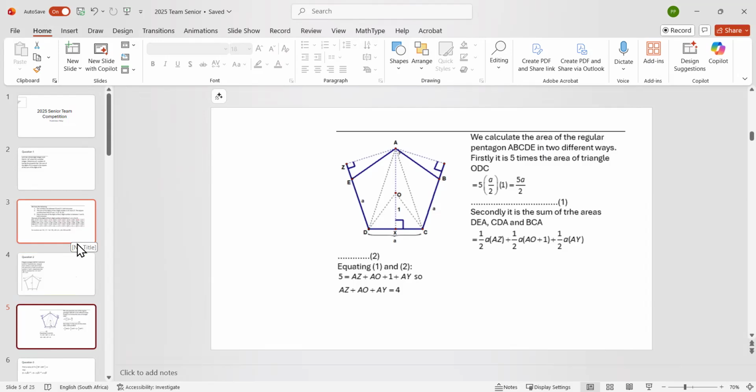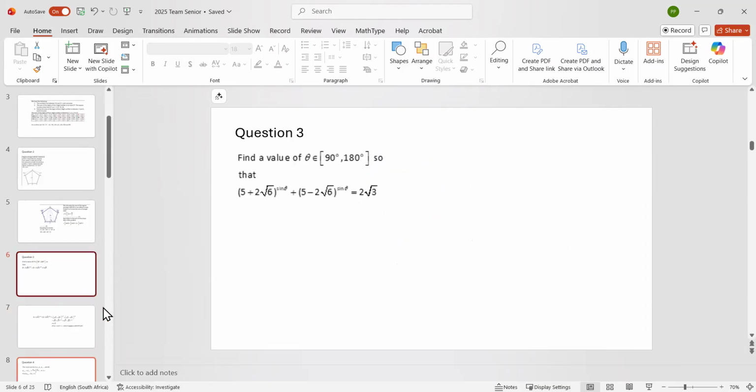Okay, so let's get on to the next problem. Now here you have, find a value of theta. So theta is an obtuse angle, so that you got this funny looking equation here.